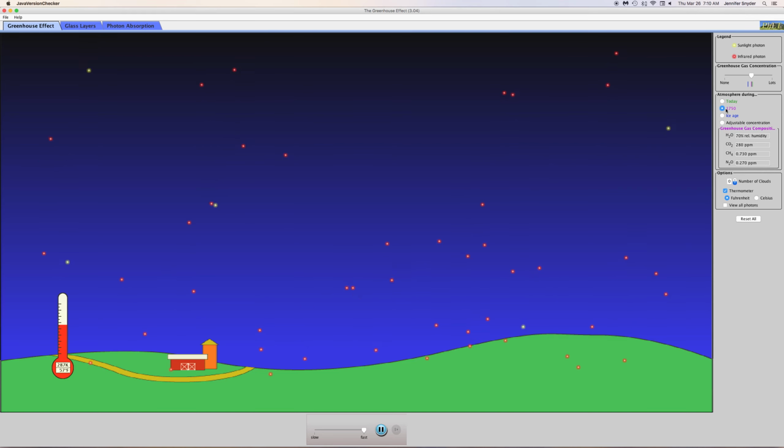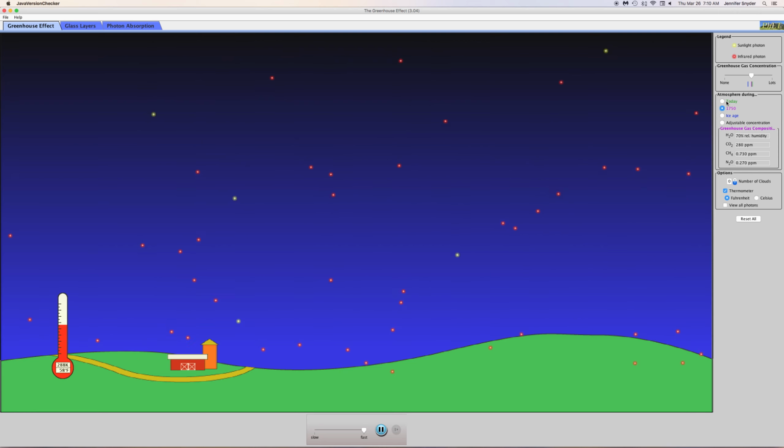Water at 70% relative humidity, carbon dioxide at 280 parts per million, CH4, methane, at 0.7 parts per million, nitrous oxide, N2O, at 0.27 parts per million. Average temperature, look over here, bottom left, 59 degrees Fahrenheit.